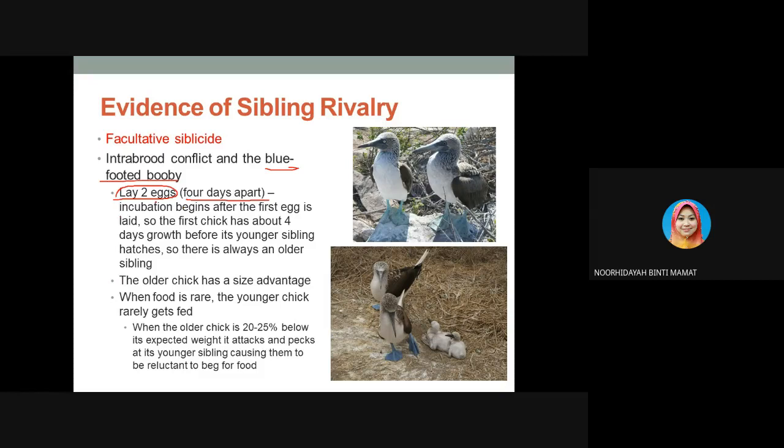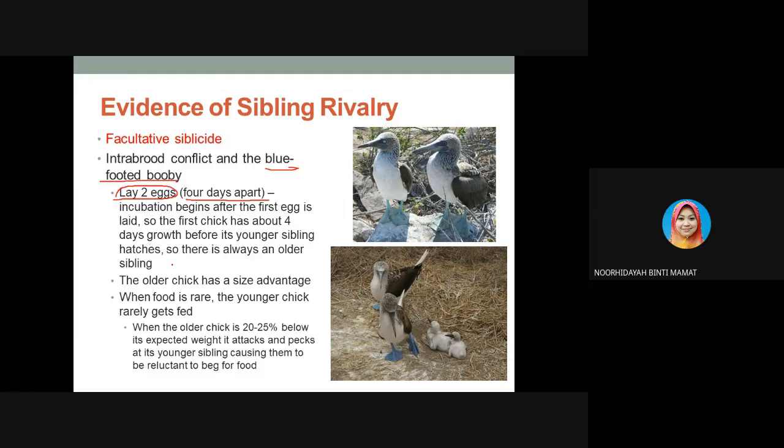The incubation of the eggs begins after the first egg is laid, so the first chick, hatched from the first egg, has about 4 days of growth before its younger sibling hatches.